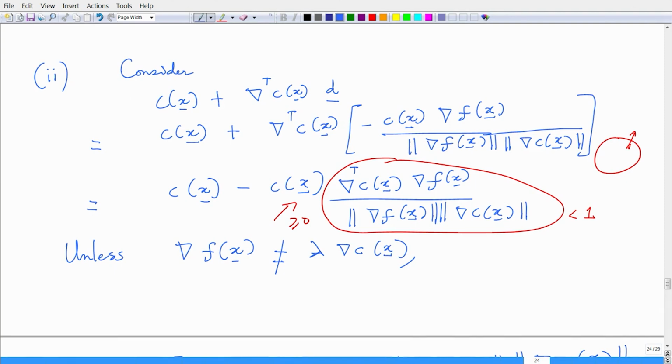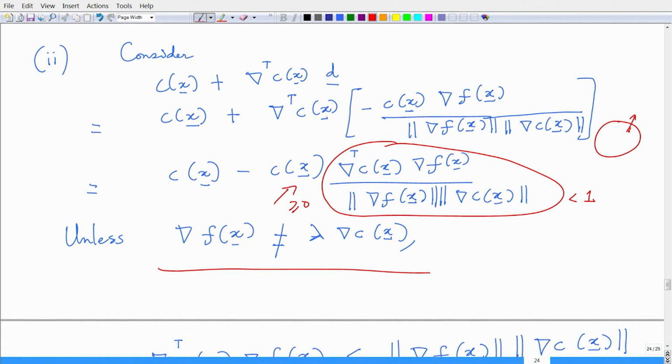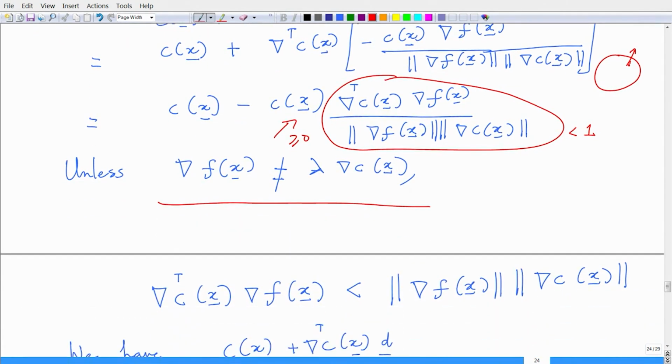I have this quantity, which is del C transposed del f upon norm del f times norm del C, and this quantity is strictly less than 1 unless del f is equal to del C, otherwise it is strictly less than 1.